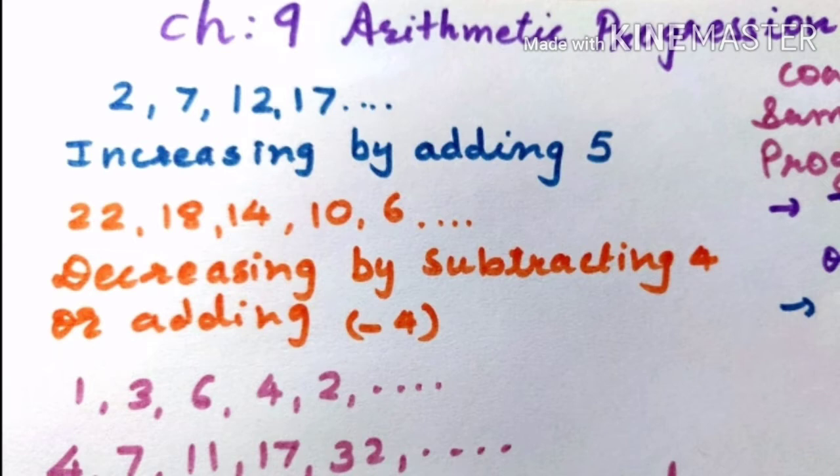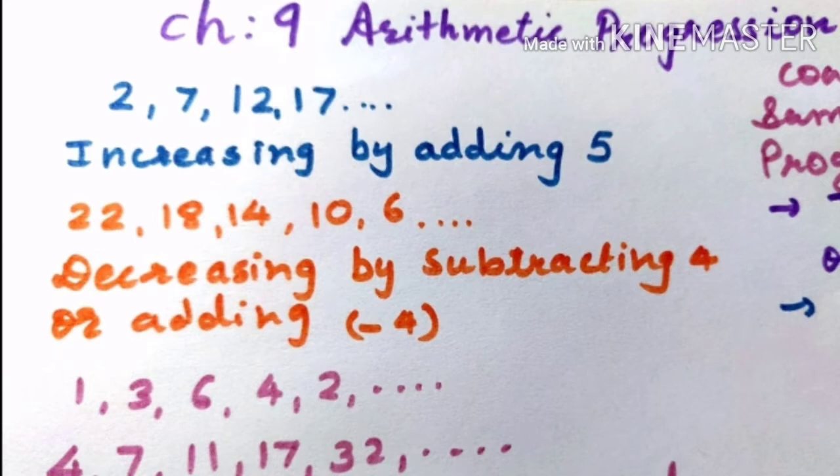Now another example is 22, 18, 14, 10, 6 and so on. This sequence you can see is in decreasing order. The numbers are decreasing by subtracting 4 from each number: 22 minus 4 is 18, 18 minus 4 is 14, 14 minus 4 is 10, and 10 minus 4 is 6.